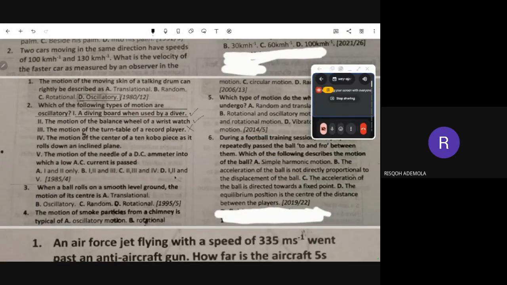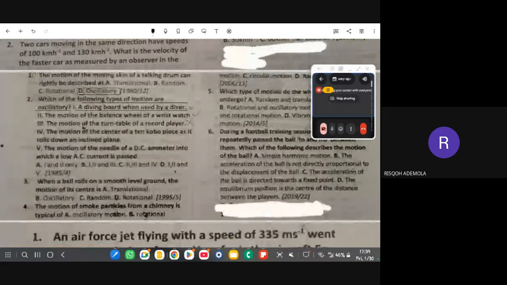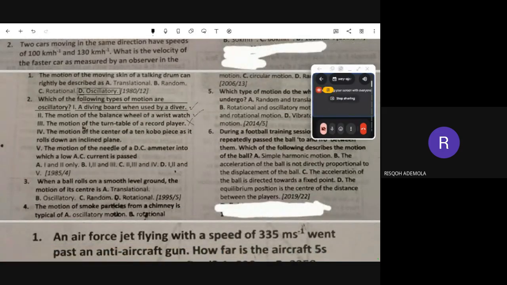The motion of the center of a 10 kobo piece. Unfortunately, you guys have not even seen 10 kobo before. Who has seen 10 kobo here? Okay, you have seen 10 kobo before.